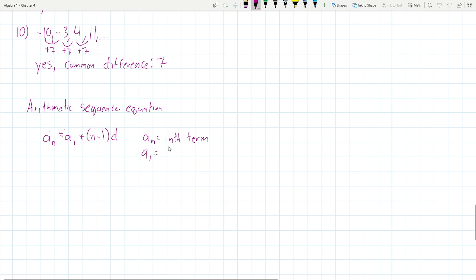A sub 1 is the first term. N is the term to be found. And d is the common difference.